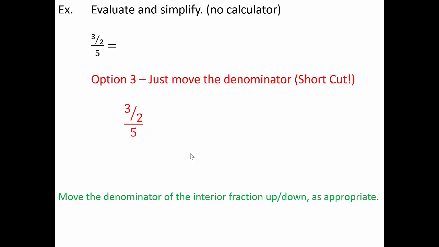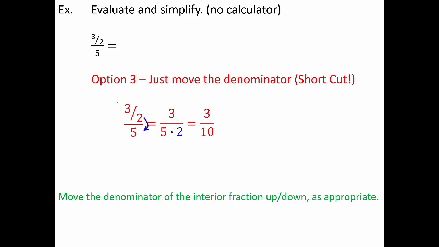The quickest way to simplify a fraction within a fraction is just take the denominator and move it either up or down, depending on where the interior fraction happened to begin. In this case, the 3/2 is in the numerator, so let's move the denominator 2 down to hang out with the 5. And when I do that, the division problem becomes a multiplication problem, because of course we're still technically doing keep it, change it, flip it. Division becomes multiplication, which of course simplifies to 3/10.